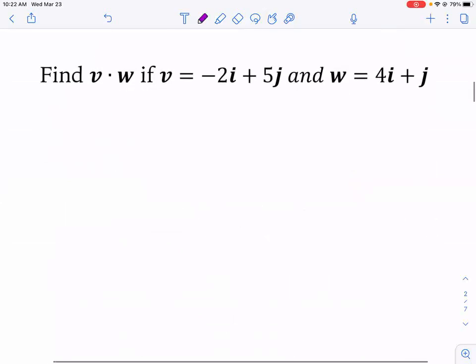All right, so let's try it. Go ahead and write down these 2 vectors for me, please.